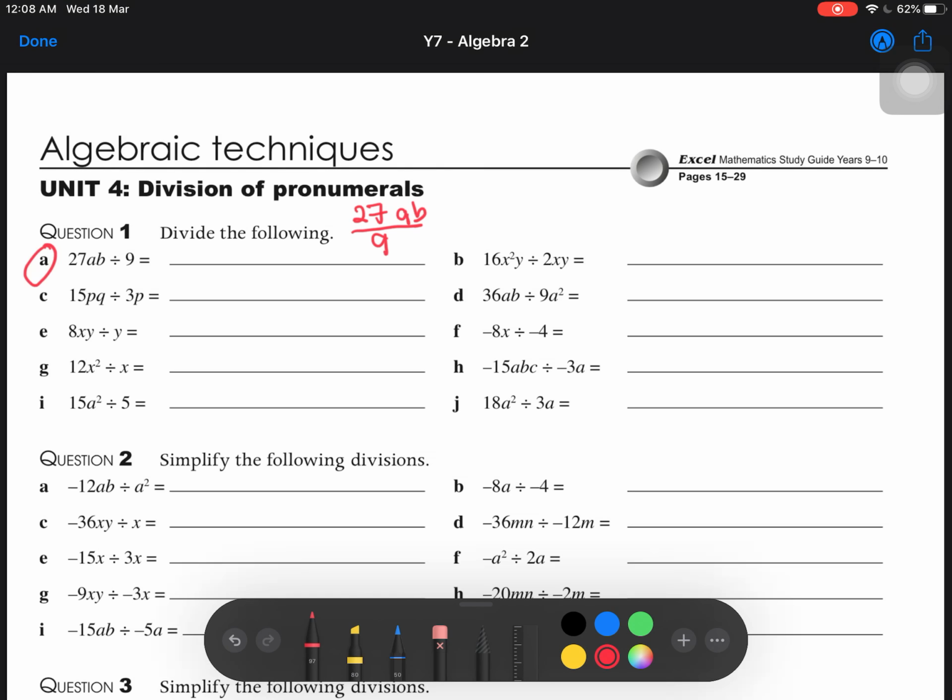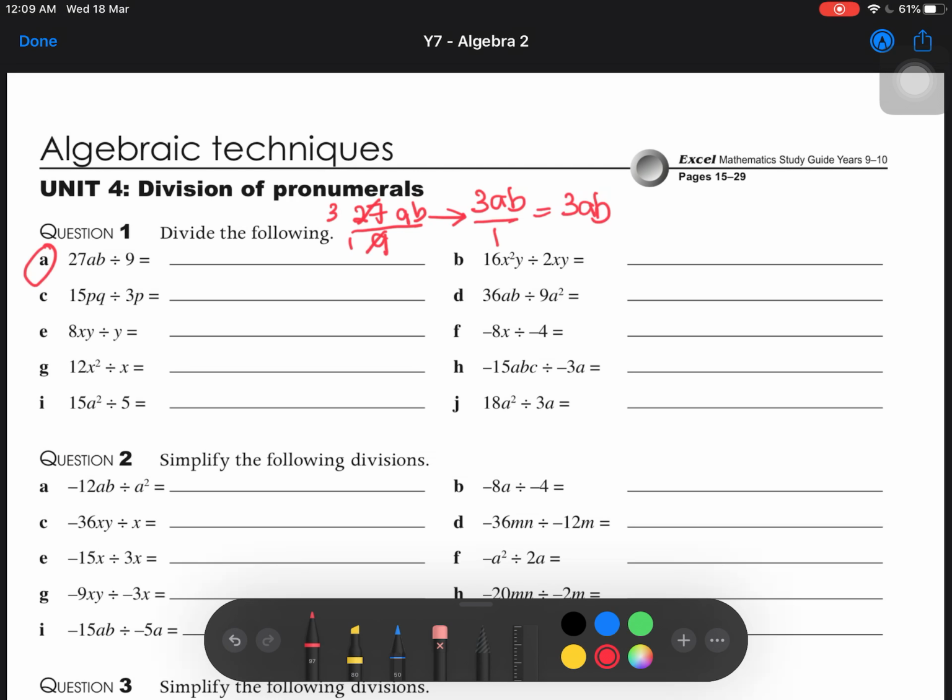Now, what we are going to do here is simplify the numbers because both are multiples of 9. So 9 divided by 9 is 1 and 27 divided by 9 is 3. So that means the final answer is 3AB over 1, and this can be further simplified to just 3AB. Okay, we are done with question 1.